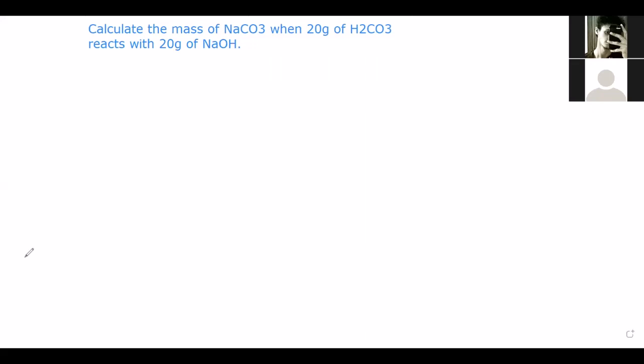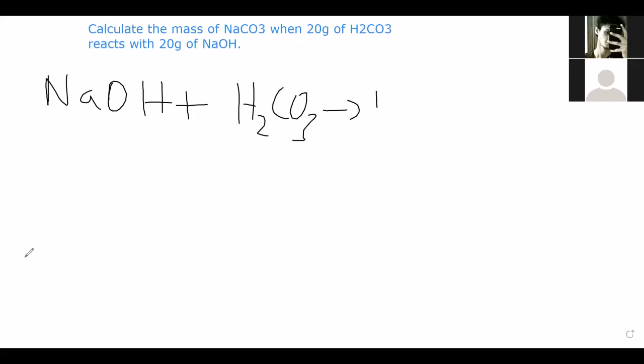Now the chemical equation will be NaOH plus H2CO3 produces sodium carbonate plus water. First, we'll find the moles of both the reactants.